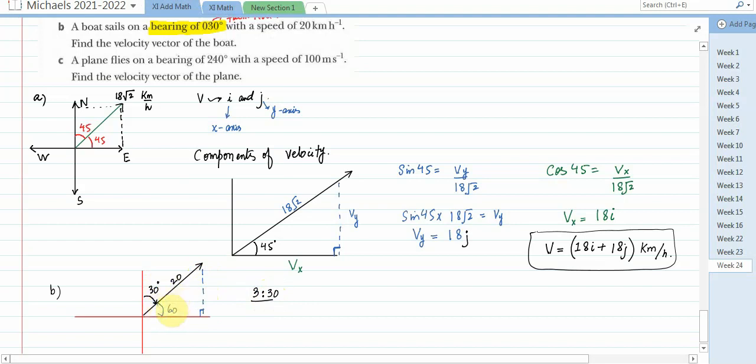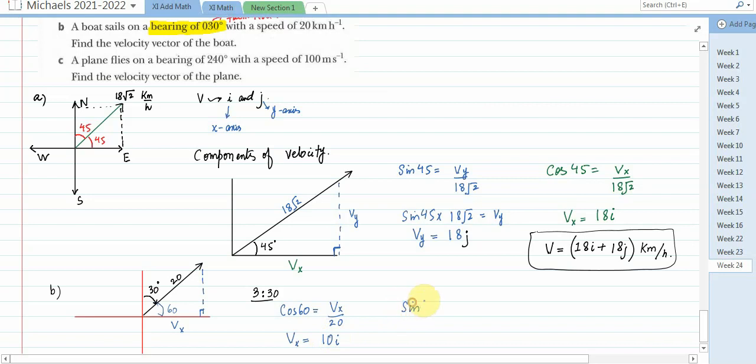Now, for the x component, velocity x, we are going to apply cos here. So cos 60 is equal to adjacent divided by hypotenuse. Cos 60 is 0.5 times 20, that will be 10. So the velocity on the x-axis is equal to 10, but you need to mention 10 i here. Similarly, for the y component, we need to apply sine here.